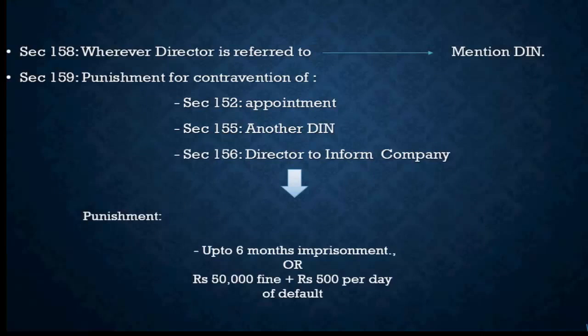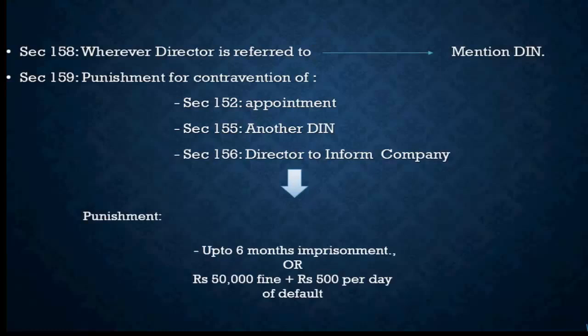Or he would also be asked for a monetary penalty of rupees 50,000 plus rupees 500 per day of default, right? So if it is a default under section 152, a default in appointment, so if he has been appointed without DIN, then he would attract a penalty of 500 rupees per day up to the date till which either he obtains the DIN or he vacates the office, right?